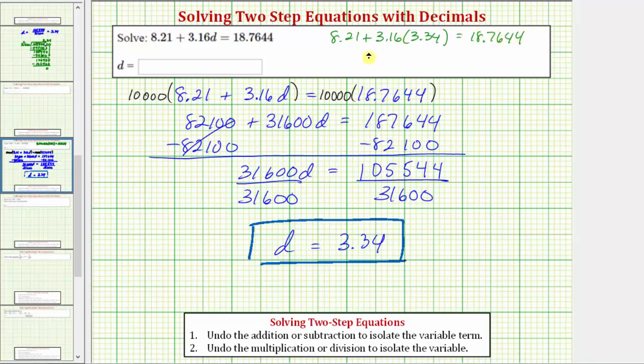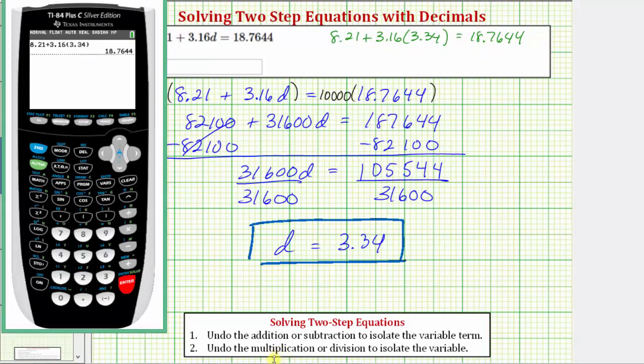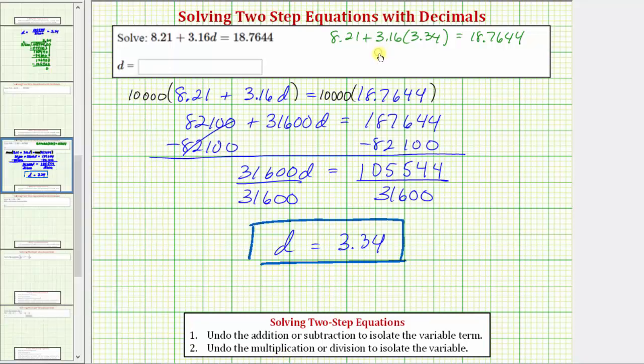Let's evaluate the left side on the calculator to make sure it does equal 18.7644. And notice how it does, and therefore our solution is correct. The left side is equal to 18.7644, and so is the right, verifying our solution is correct. I hope you found this helpful.